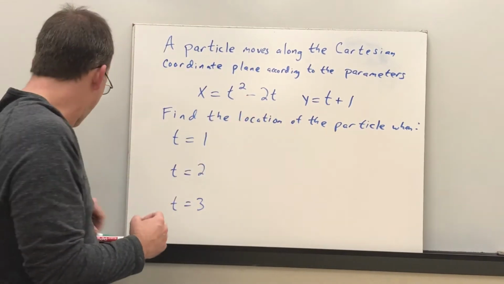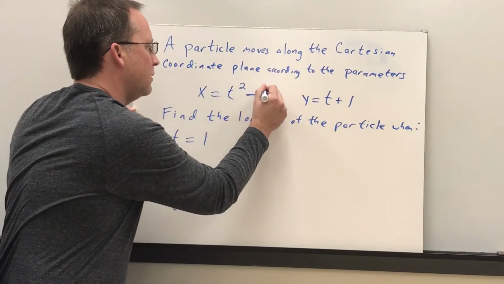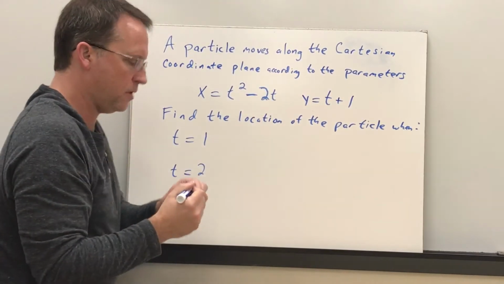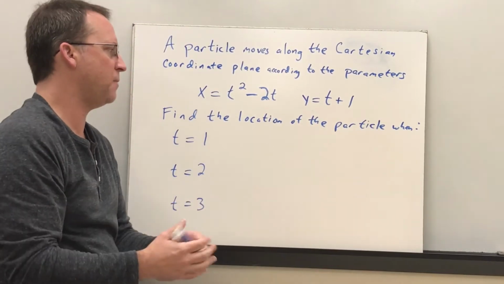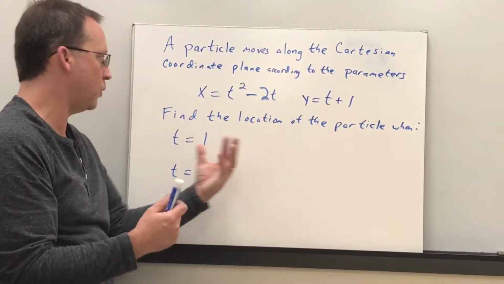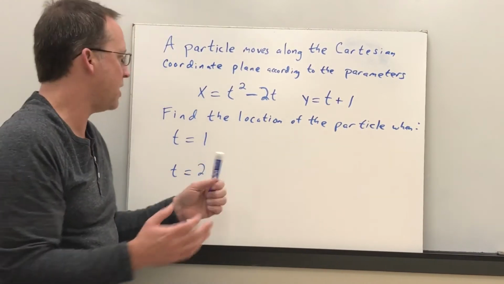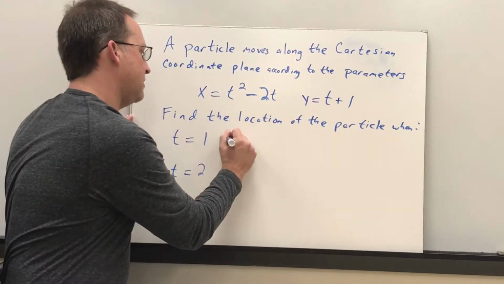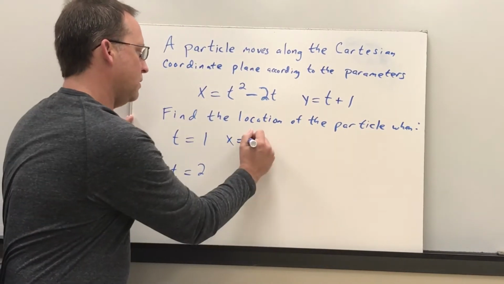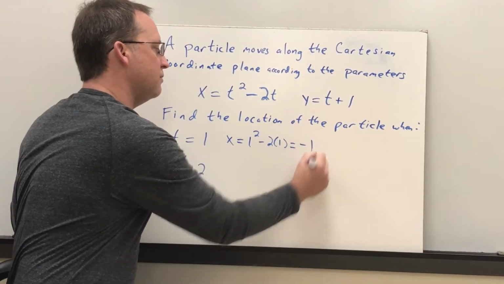So if you're given these two parameters, t squared minus 2t for your x parameter and t plus 1 for your y parameter, first, I just want to talk about how we find the location of the particle when t equals 1, for example. Not surprisingly, you just substitute 1 in for t in both places. So the x value is going to be 1 squared minus 2 times 1, so that'd be negative 1.